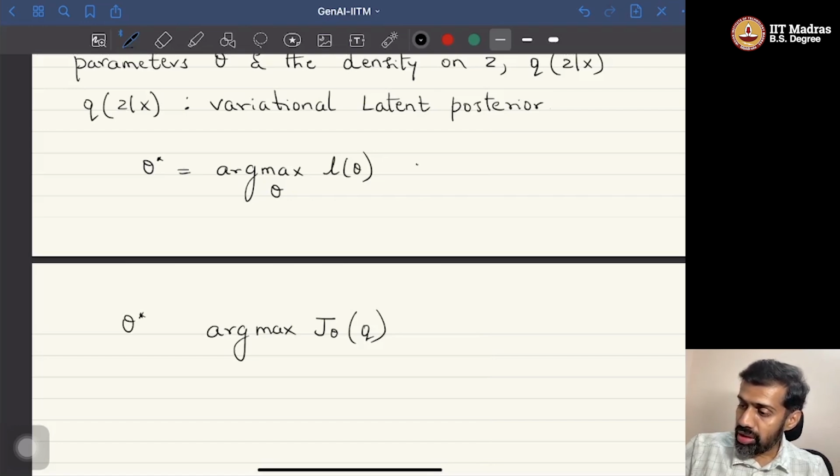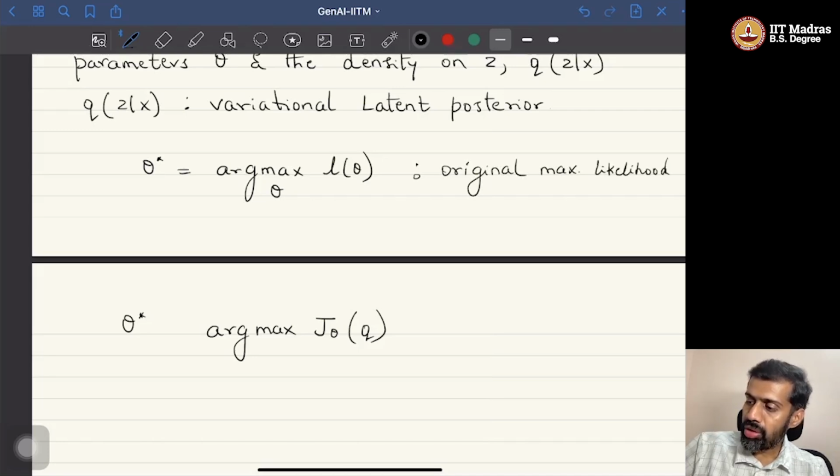So this was the original maximum likelihood problem, and this is the approximation with ELBO.